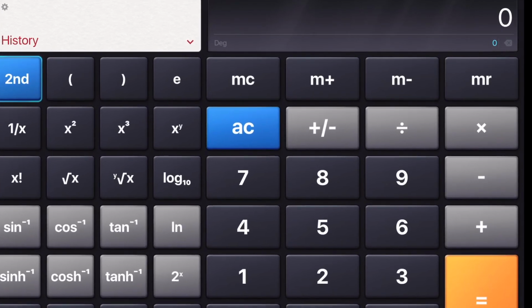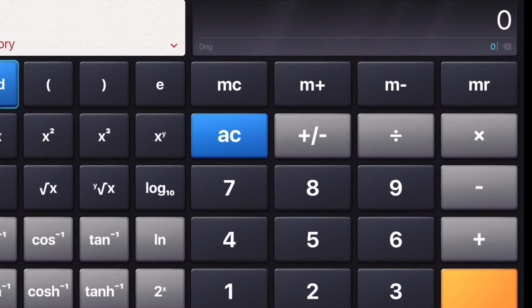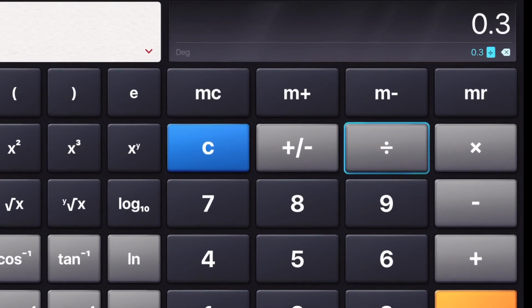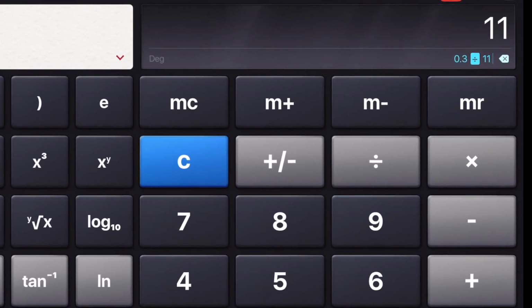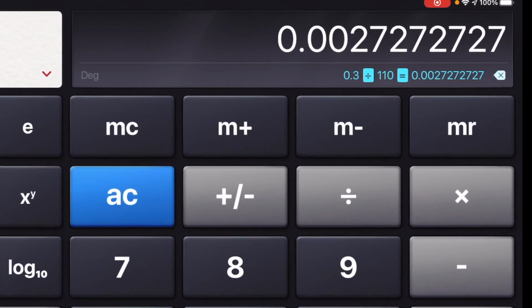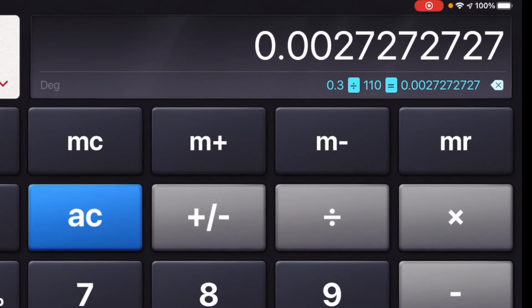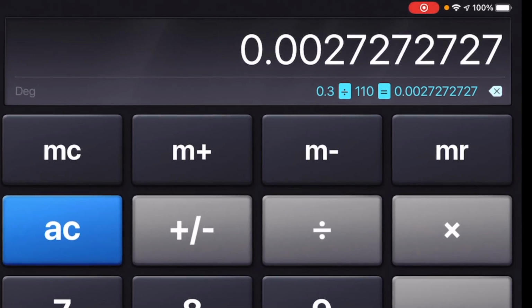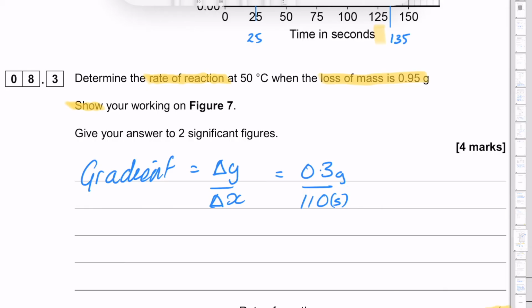So now we plug the numbers into the calculator, and it's 0.3 divided by 110, which gives us 0.0027, and the 27 is recurring. So now I've got my answer back from my calculator.